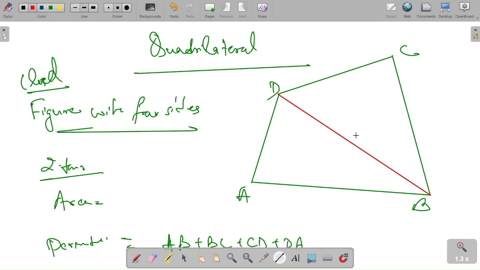So therefore, if I simply draw a diagonal, and from the other two vertices which are opposite to each other, the non-diagonal vertices, I simply draw two altitudes, then don't you get two triangles? This is say triangle number 1, this is triangle number 2.